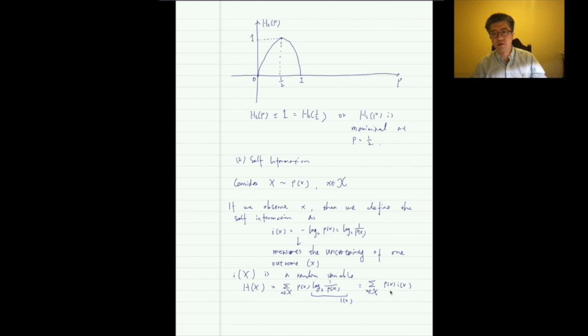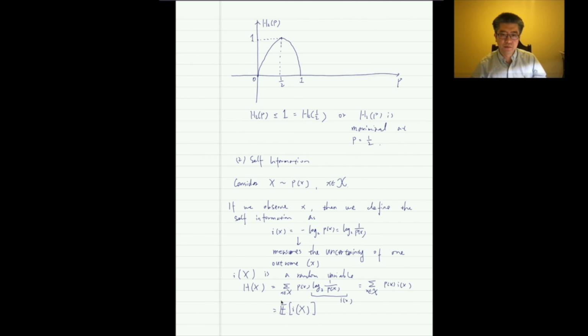It's the value of i(x) multiplied by the probability that it will happen. That is nothing but the definition of the expectation of i(X). So entropy can be understood as the averaging, or the expectation, of the self-information.